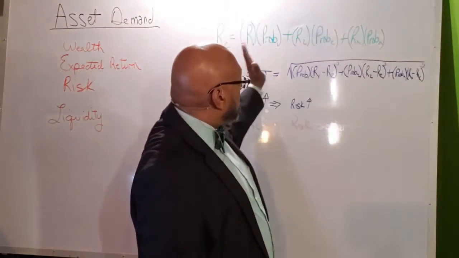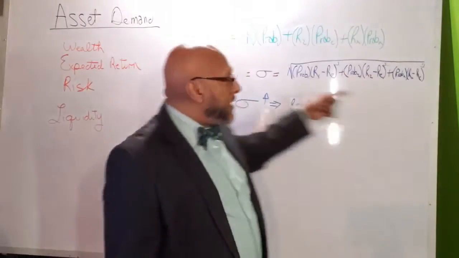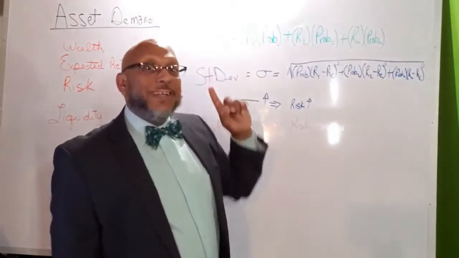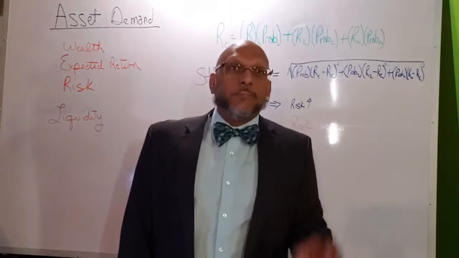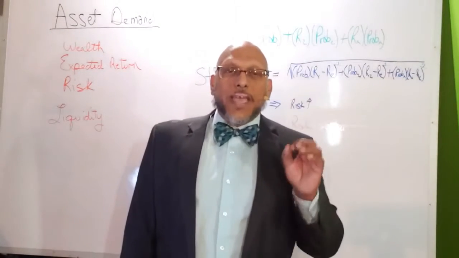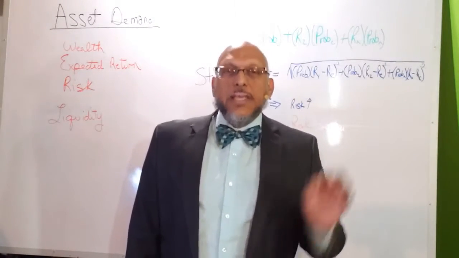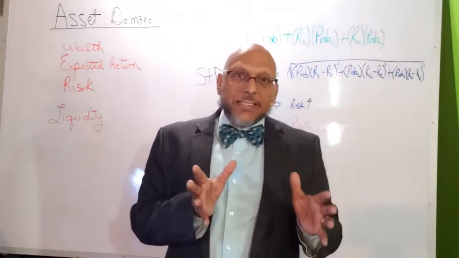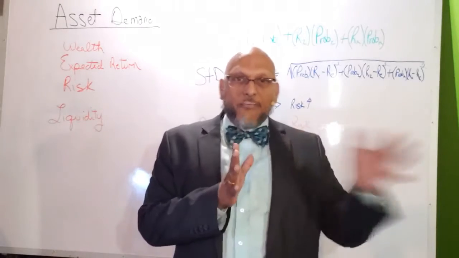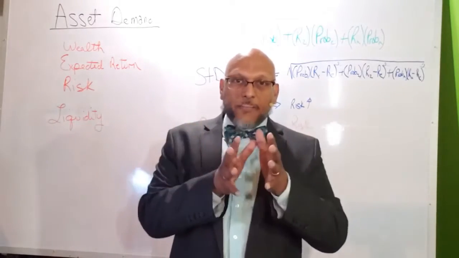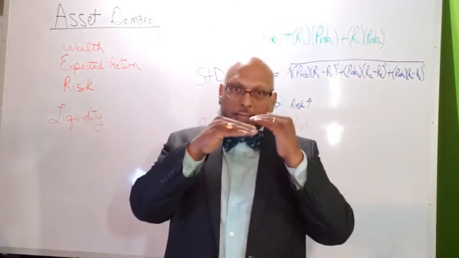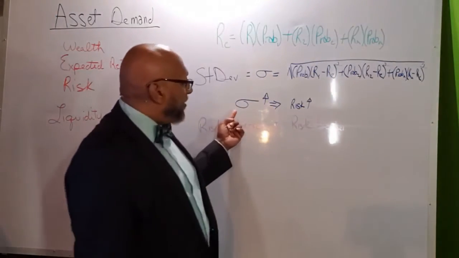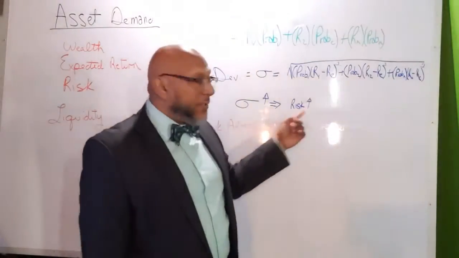Then we take the square root of that entire thing, and that's what we come up with as our standard deviation, the deviation from the weighted average expected return. That is the standard deviation: how far away everything is, whether it's above or below that weighted average. And if the standard deviation is high, then the risk is high.